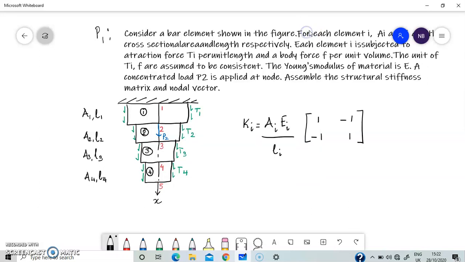Before we start with the solving of the problem, we need to establish the element connectivity.